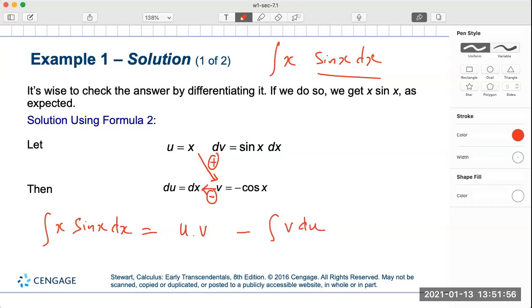And we replace that with this. It becomes x negative cosine x subtract, v is this guy, negative cosine x, and du is the same as dx here, right? And it recovers the same result.